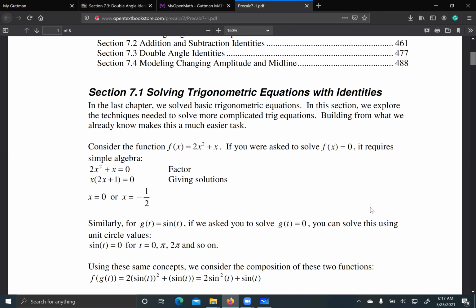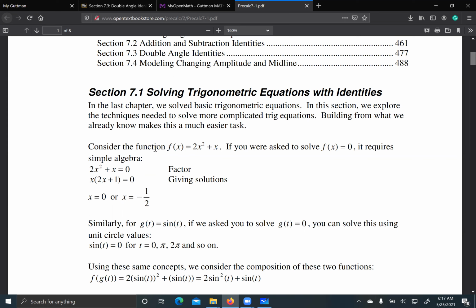So far we solved some basic trig equations, but in this section we want to look at more complicated equations that involve trig functions. The technique is that we just need to use the techniques that we know from algebra to solve equations, and combine them with the trig identities that we learned in this course.